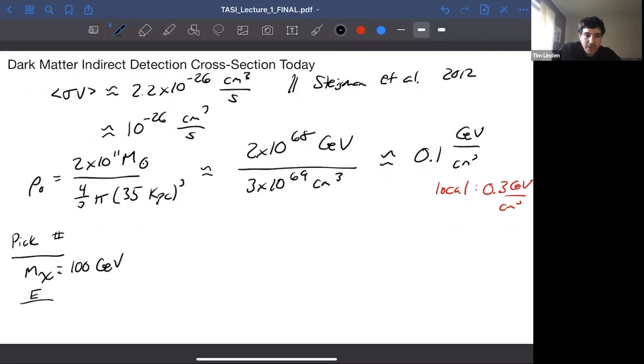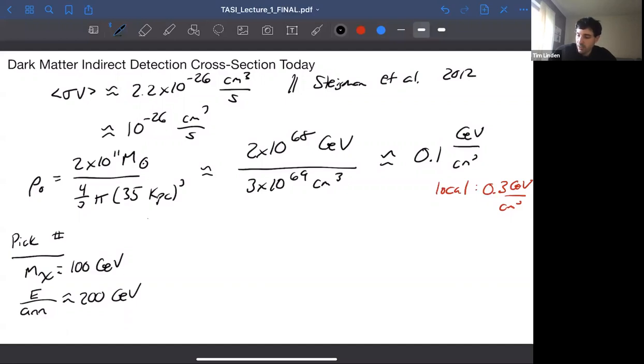The amount of energy you get out of an annihilation into some standard model particle would be the mass of 2 dark matter particles, 200 GeV. Maybe some of it you can't see, but let's just assume 200. That's a nice number.